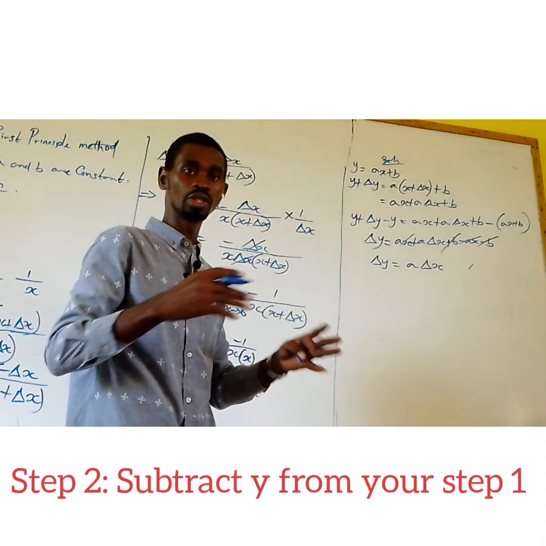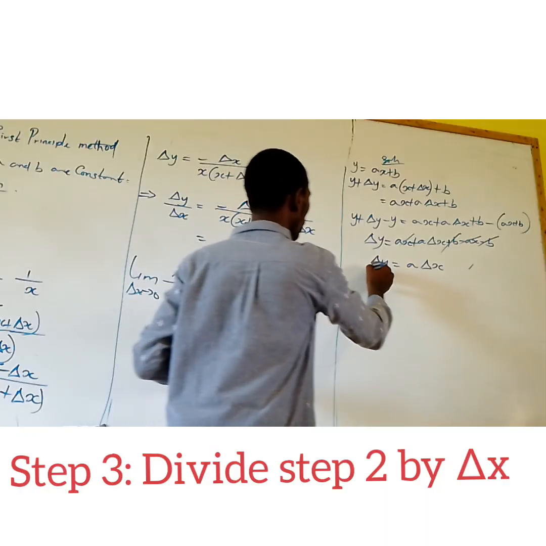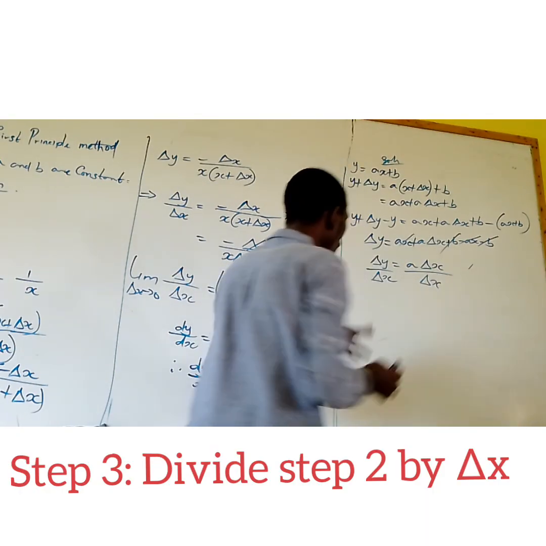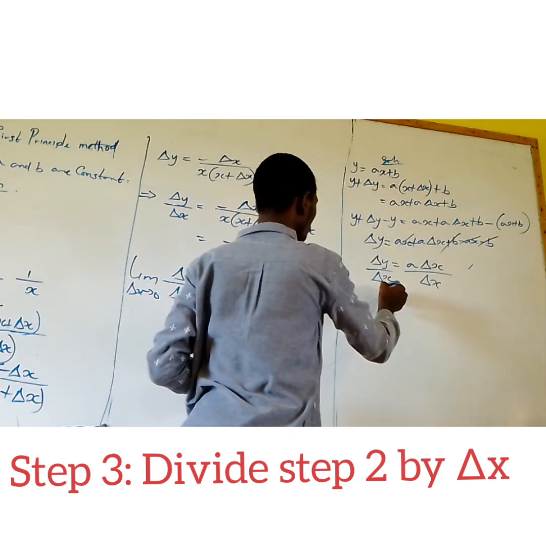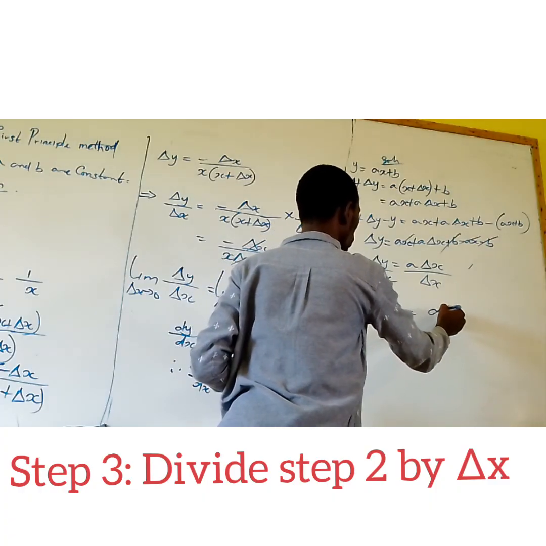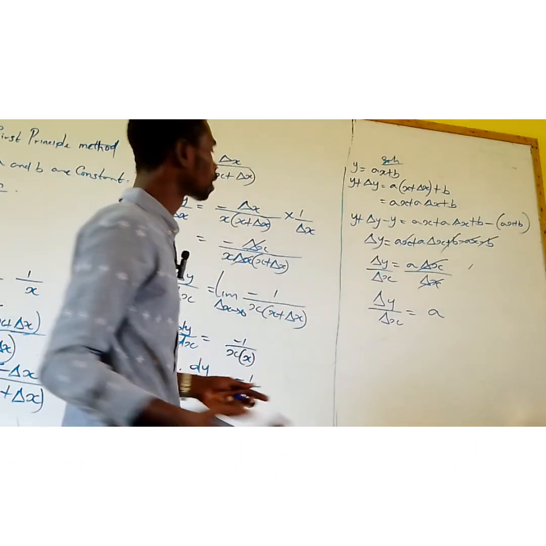Now the next step is to divide both sides by change in x. The only variable we are considering here is x. So we have change in y over change in x equals a, because change in x over change in x cancels. Then we take the limit.